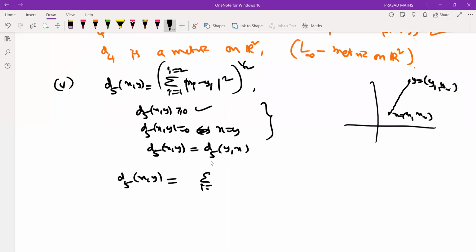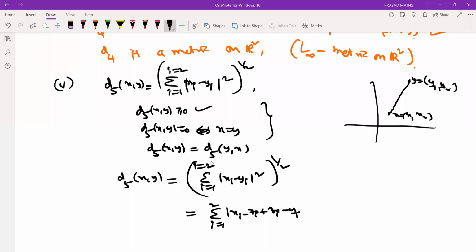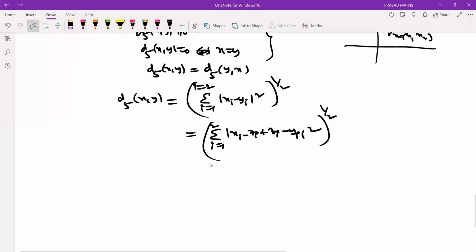What is this? Summation i equals 1 to 2 of xi minus yi whole square, whole power 1 by 2. Again, the adding and subtracting technique. This is nothing but summation i equals 1 to 2 of xi minus zi plus zi minus yi whole square, whole power 1 by 2. So just keep in mind, this is my Minkowski inequality in R^n.